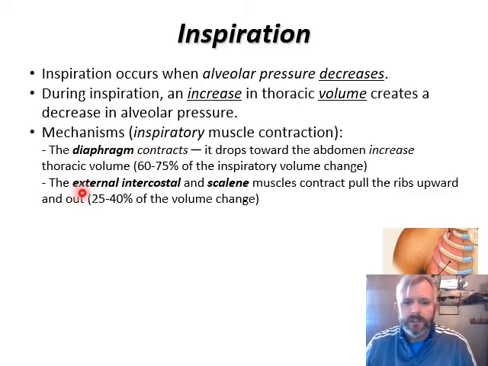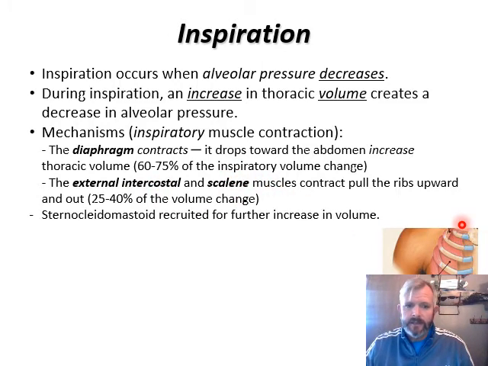Several other muscles help too, like the external intercostals. During quiet breathing, it's typically most diaphragm, a little bit of external intercostals, and then when we start doing deeper breathing, we recruit some of the scalenes and also the sternocleidomastoids.